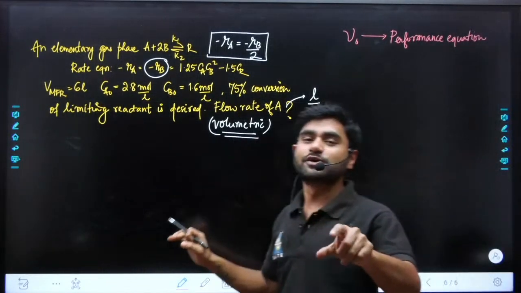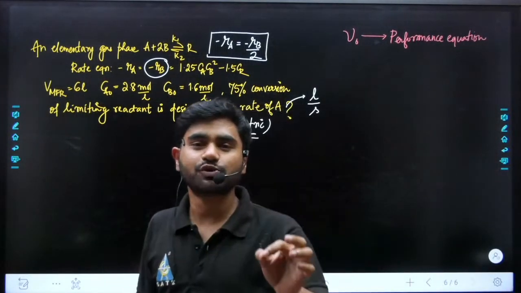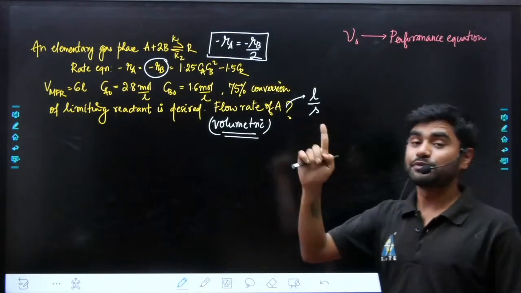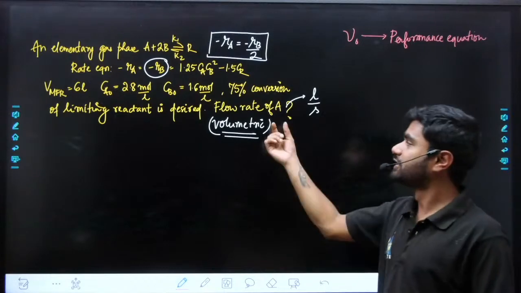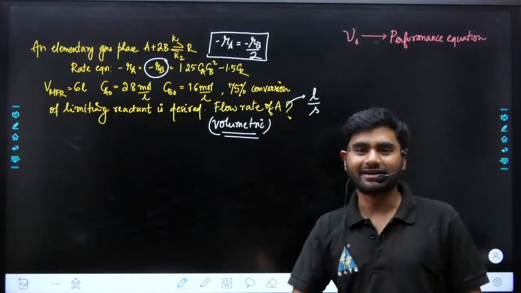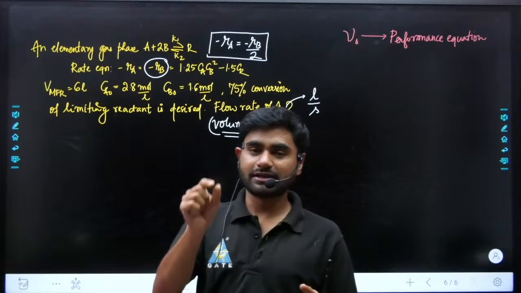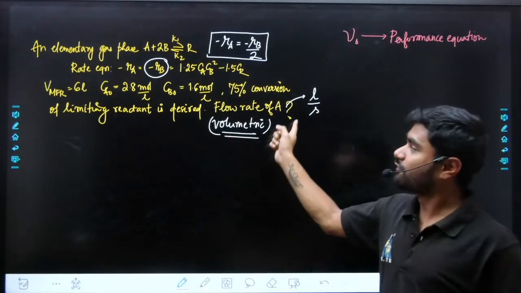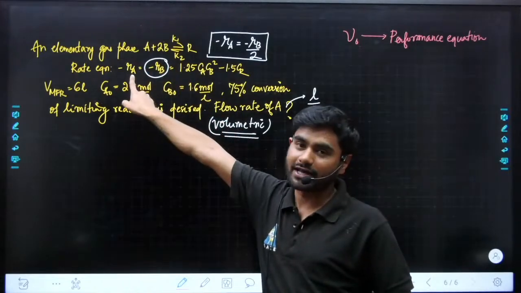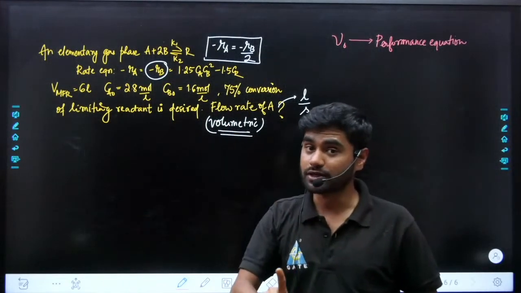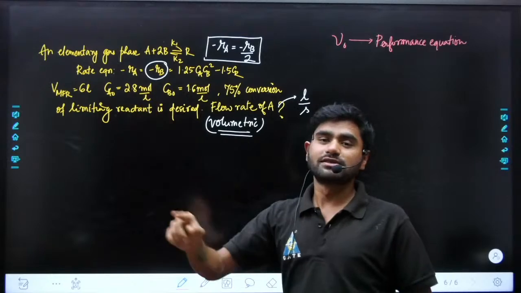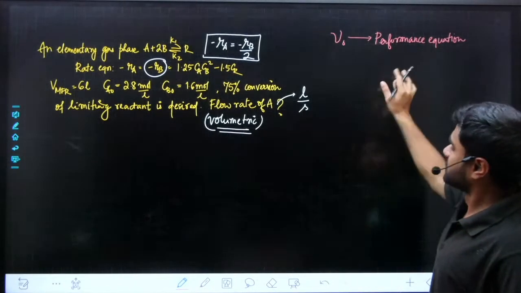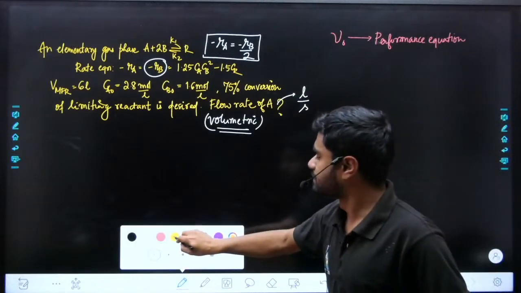In the performance equation, we know that we have to use rate of reaction, minus Ra. Now why am I talking about minus Ra? Because you need to calculate the flow rate of A. So we are trying to specify the stream first, because it's been asked about A, so we have to talk about minus Ra, and we are not talking about minus Rb over here. So better just write the performance equation first.